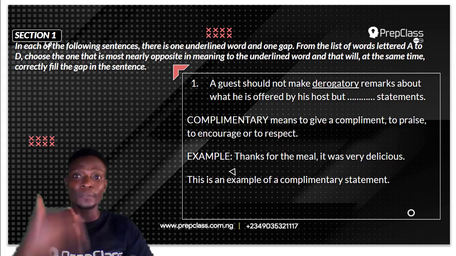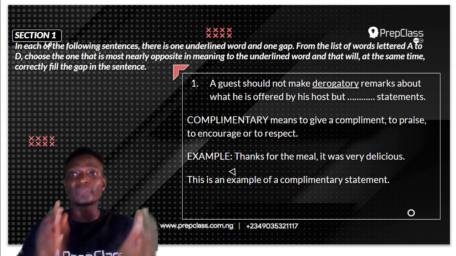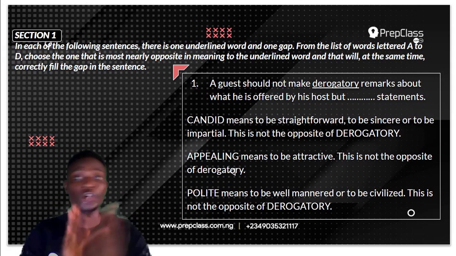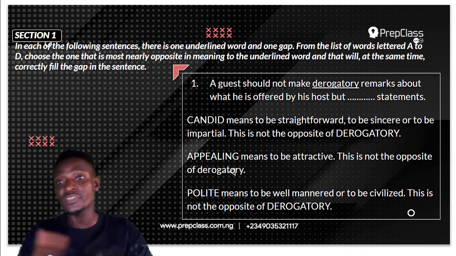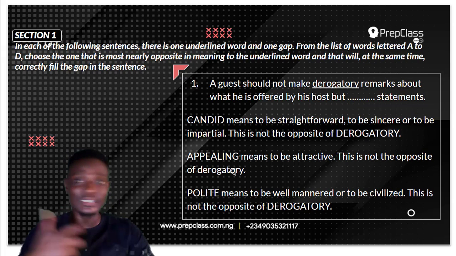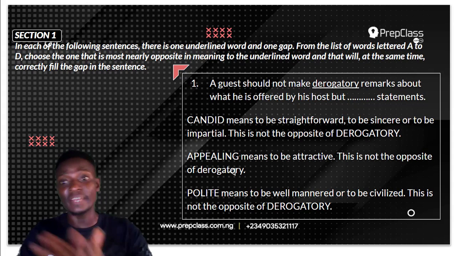A guest should not make derogatory remarks about what he is offered by his host, but complimentary statements. It is not candid because candid means to be straightforward or to be sincere or to be impartial. This is not the opposite of derogatory because derogatory does not mean to be insincere. It is not appealing because appealing means to be attractive.